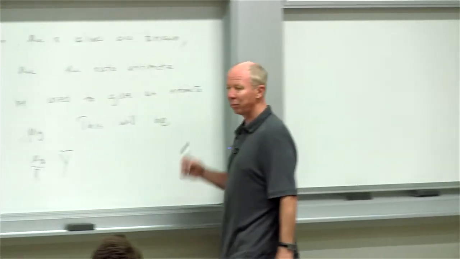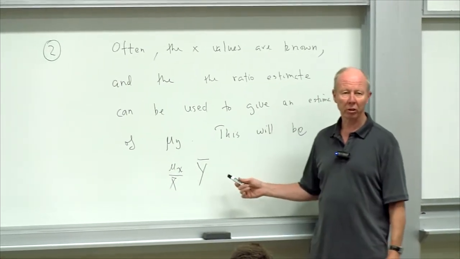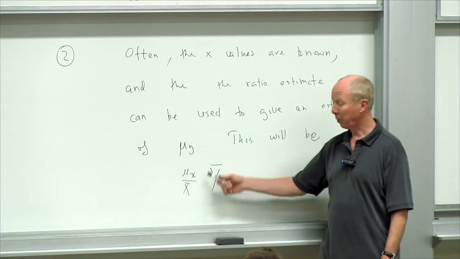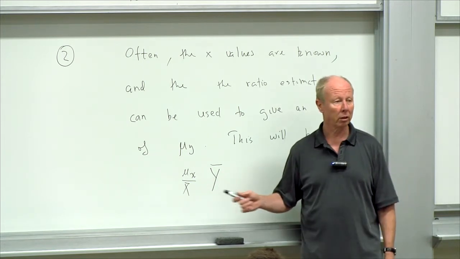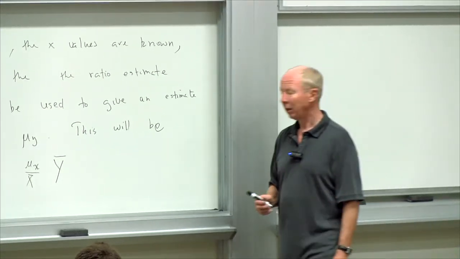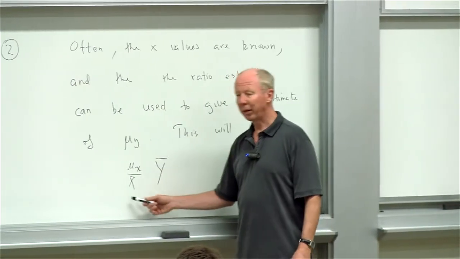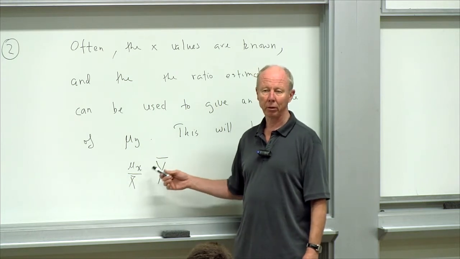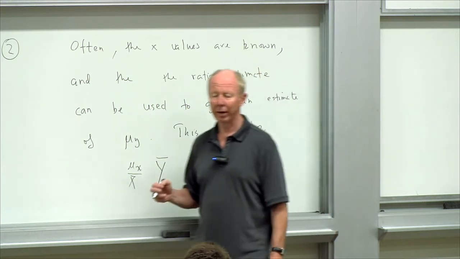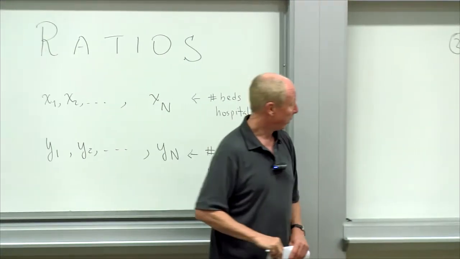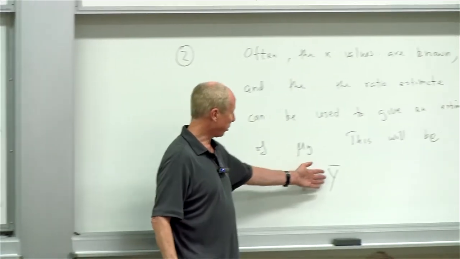You might undersample somehow the number of discharges, and that would mean you're underestimating it. In other words, y bar might be an underestimate for the true mean number of discharges. And that would mean you're probably underestimating mu x with the x bar. In other words, you select little n hospitals, and you find that the mean number of discharges is this.